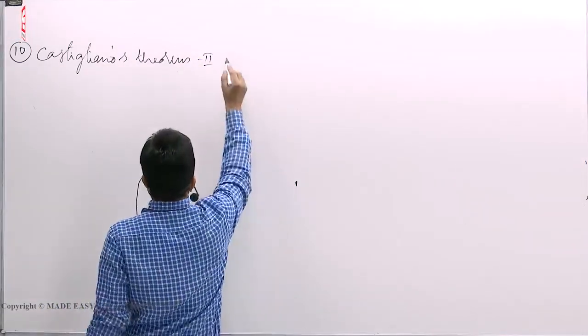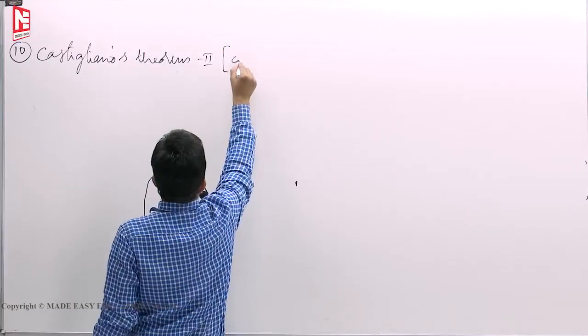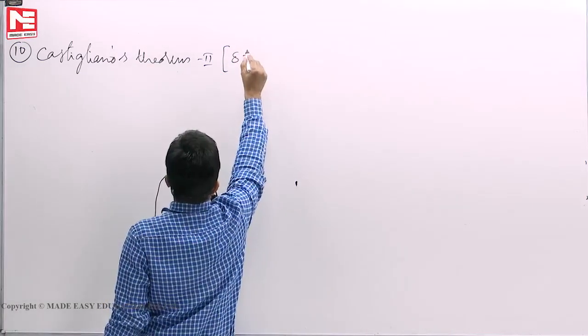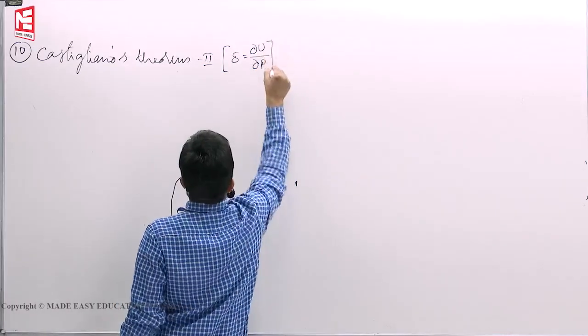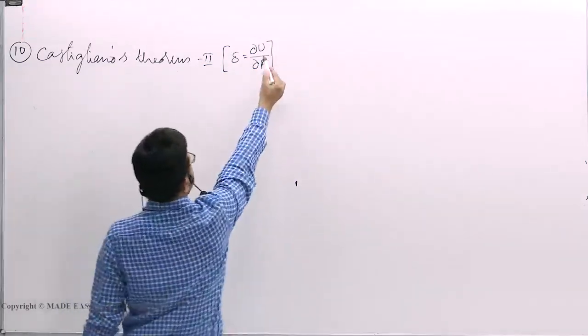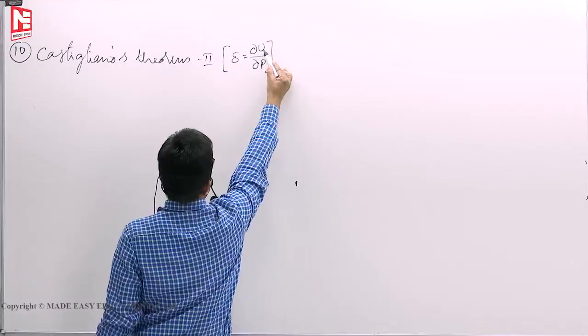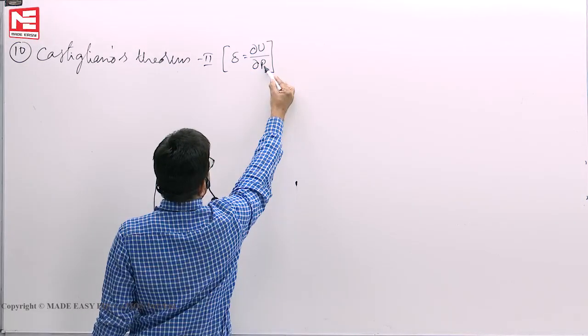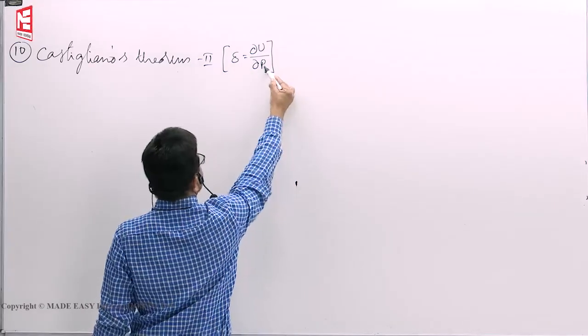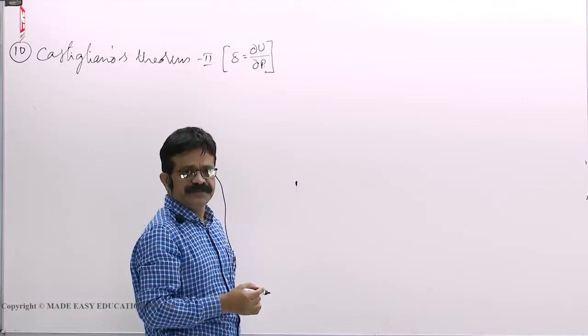What is theorem 2? Displacement delta is equal to dou U by dou P. Theorem 2 means strain energy only. If the energy is differentiated with respect to the load at any point, it gives you the displacement at that point.